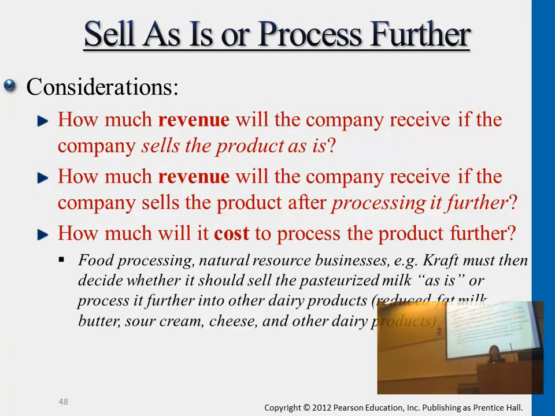Okay, so how much revenue will the company receive if the company sells the products right now as it is, just simply a gallon of milk? Or do they want to continue to process it into different types of dairy products like cheese, pasteurized milk, sour cream? Do their products have demand in the market? And is it worth it to process it further?